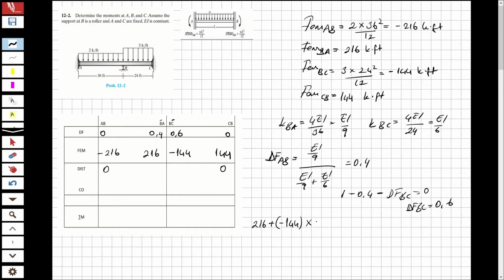When I multiply with its own distribution factor and with minus 1, this is going to be equal to minus 28.8 for here.